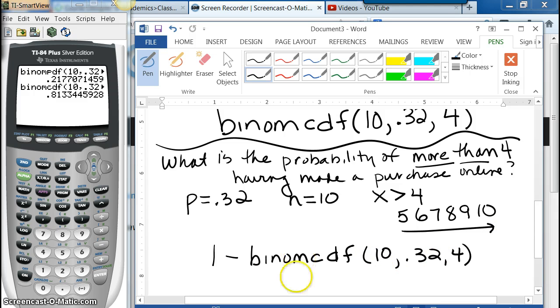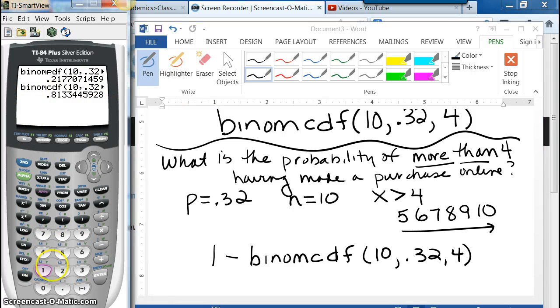So I'm really doing 1 minus and then binomial CDF like that. Those of you who have the older calculator, you would type it just like that. You'd go 1 minus and then type it in, go second and find the CDF, the binomial CDF, and type this in. For me, I can do it the same way, except mine will look a little differently. I'll go 1 minus, then I go second distribution.